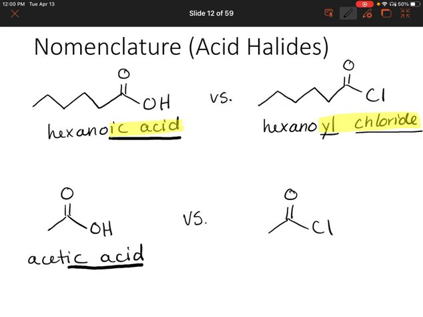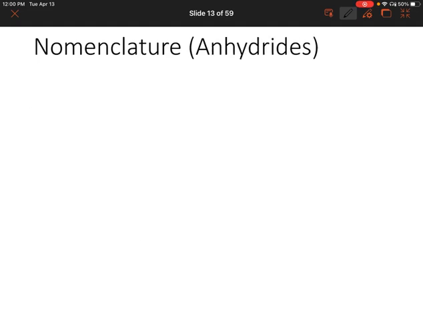So our acid halide here would be called acetyl chloride. All right, not too bad. So let's go on to anhydrides.